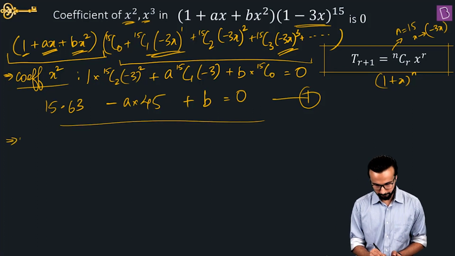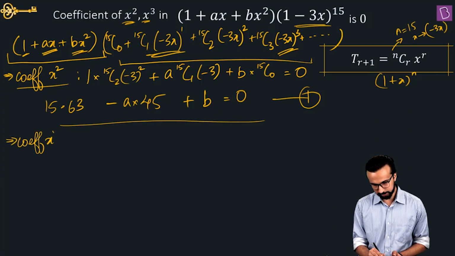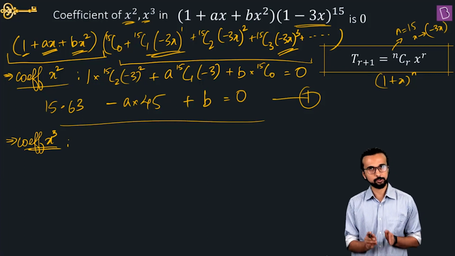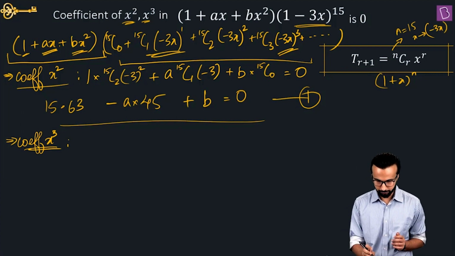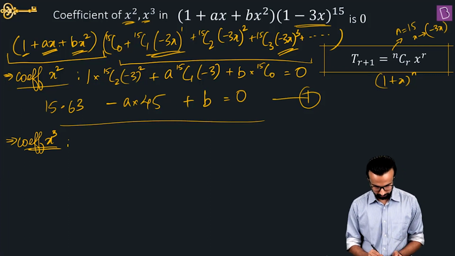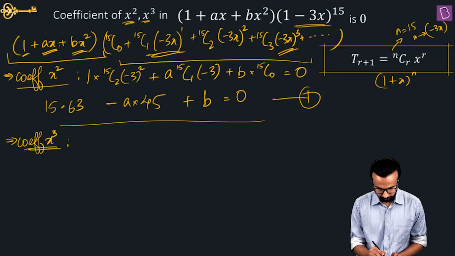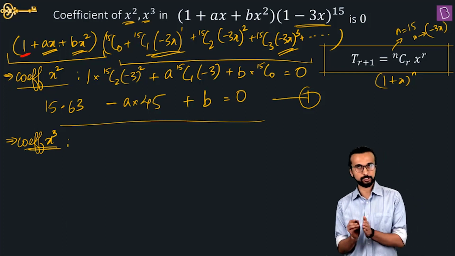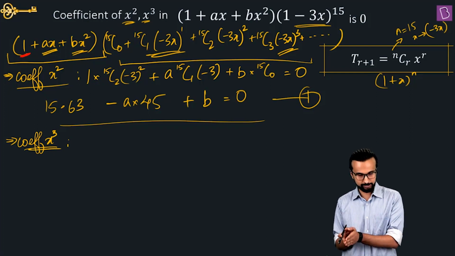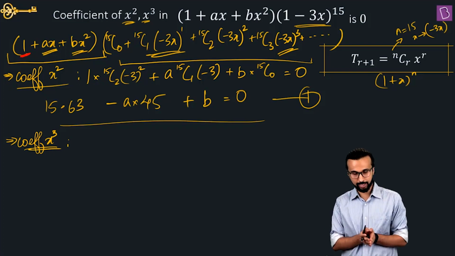Next, we'll look for the coefficient of x cube. We know that it's 0, so we'll look for the coefficient of x cube now. I'll use a different color pen for this. Again, there are two parts here: 1 plus ax plus bx square, and 15C0 plus 15C1 into minus 3x plus 15C2 into (minus 3x) raised to 2 and so on.